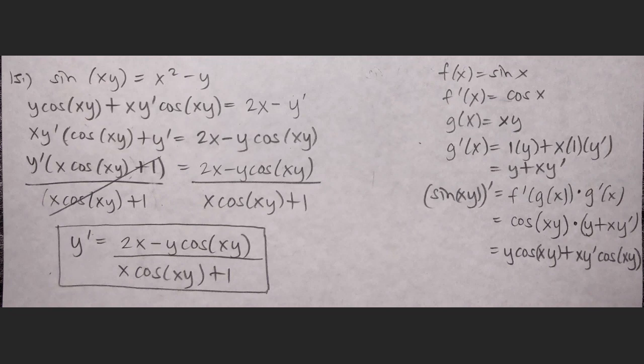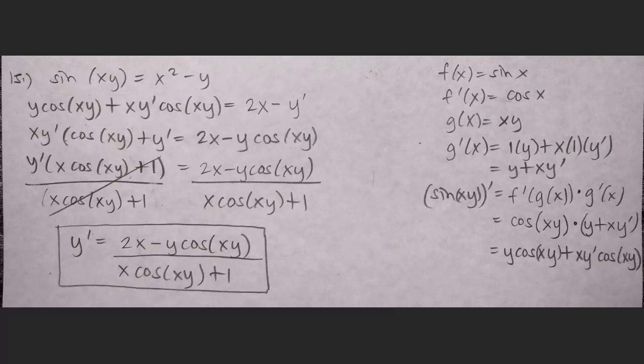Then to find the derivative of sine xy, we plug those values into the formula f prime of g of x times g prime of x. I plugged in and got cosine xy times y plus xy prime.